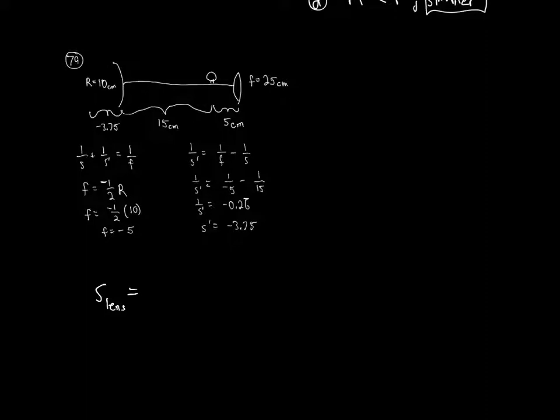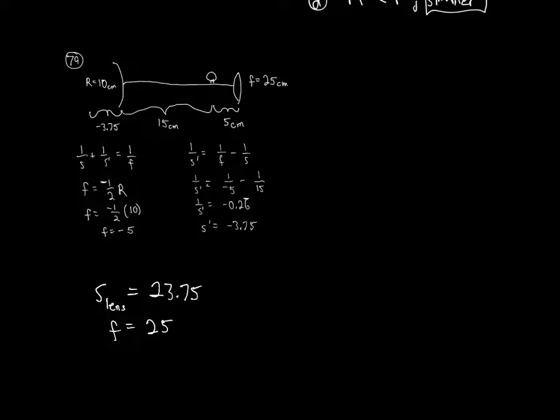I get 5 centimeters plus the 15 plus the 3.75, so I get 23.75. What's the focal length of my lens? 25. Positive or negative? It's a convex lens. Convex lenses have positive focal lengths.